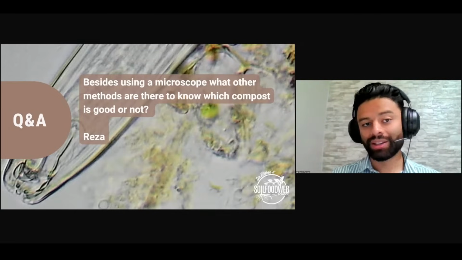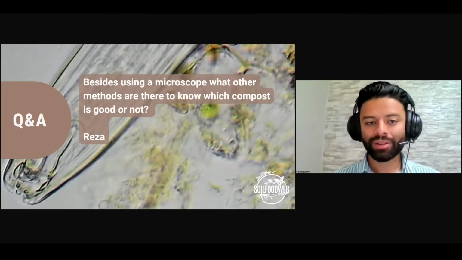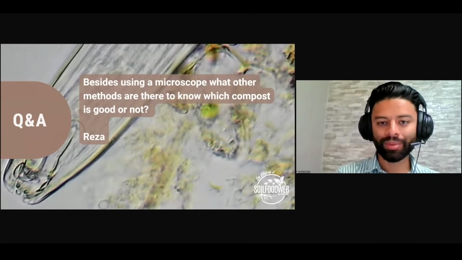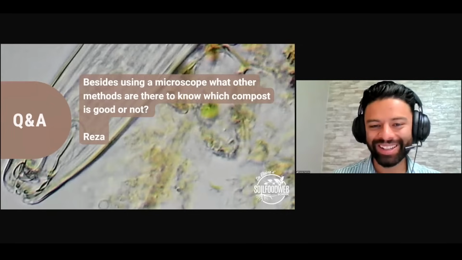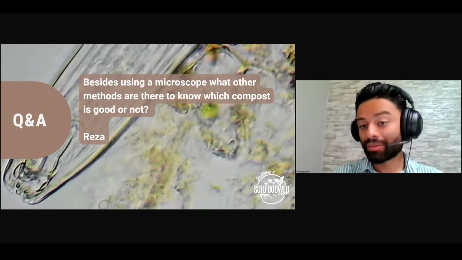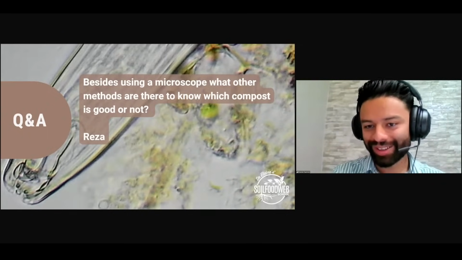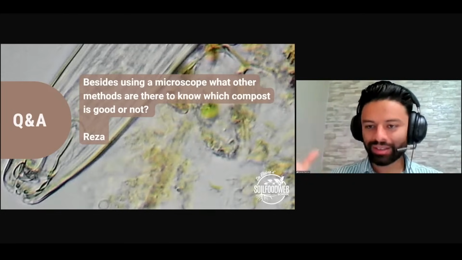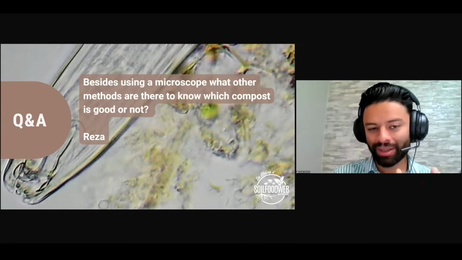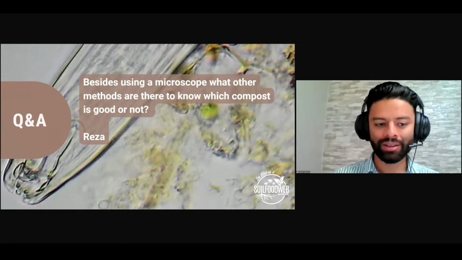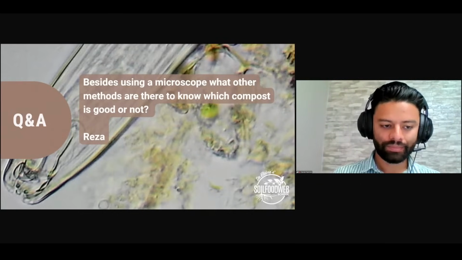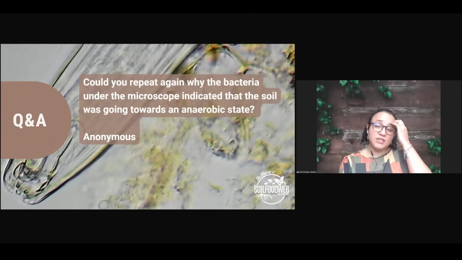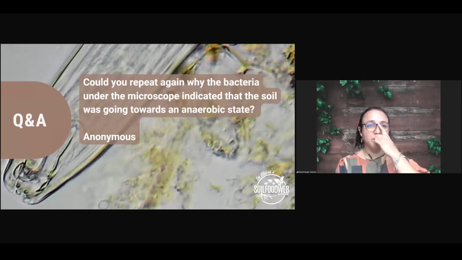So that's why I say, once you start making compost, evaluating it with your microscope, you can even eyeball if a compost is good or not. Sometimes we get those cool surprises like the one we got in Cyprus. But in general, you can tell the difference between something that is going to be beneficial and something that is not. And this is one thing you can do to hone your senses as well.